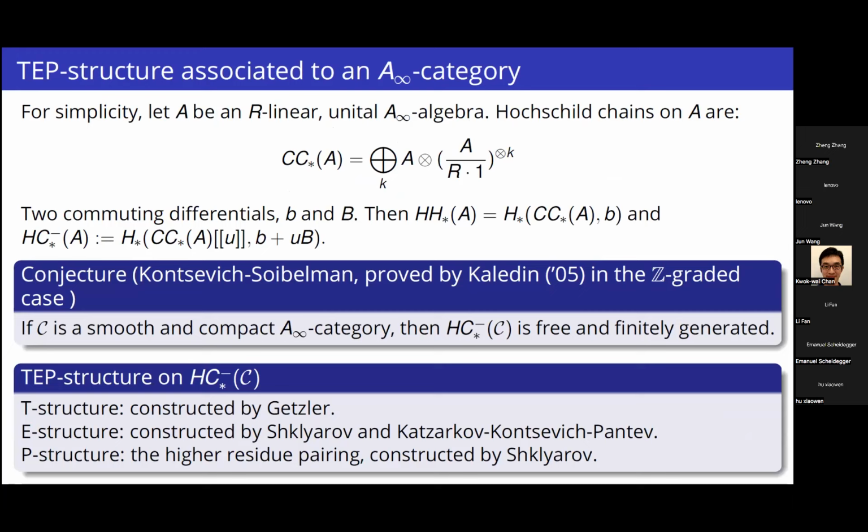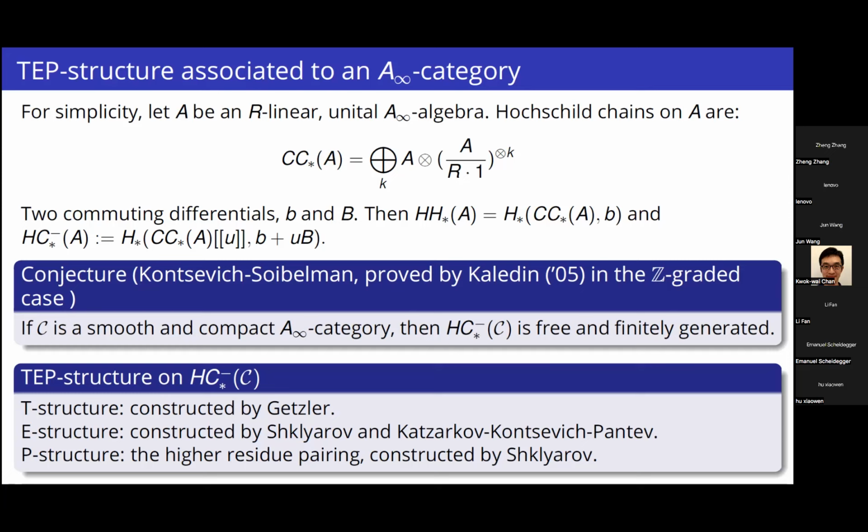Yeah. So if you take the Hochschild chains, that's CC star, and then you have the Hochschild differential, which is small b. If you take the homology with respect to small b, then you obtain the Hochschild homology. And the way in which you obtain the cyclic homology is that you take the cyclic chains and you adjoin the formal parameter u.